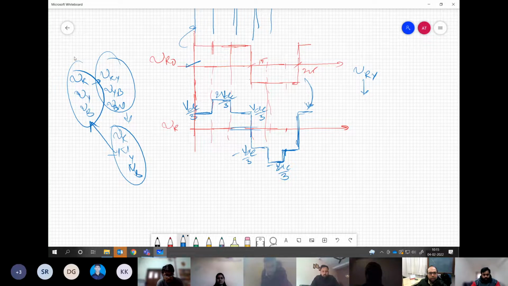This is a simple sinusoidal waveform, say some Vm sin omega t. And this is 120 degrees shifted, another 120 degrees shifted. Then you get the line-to-line voltage and work back the phase voltage. Similarly, what we have done. Will you find any difference in this process? We are only doing reverse computation.